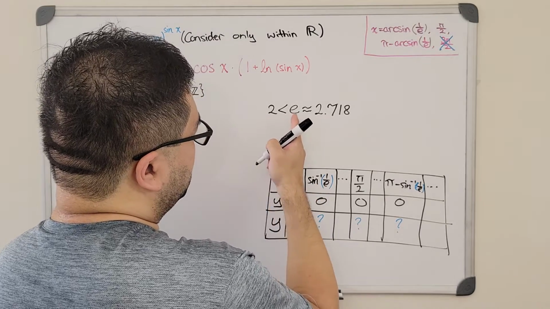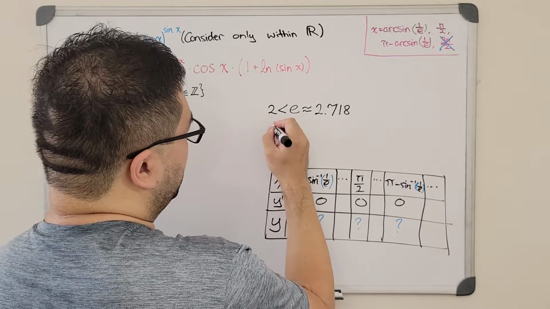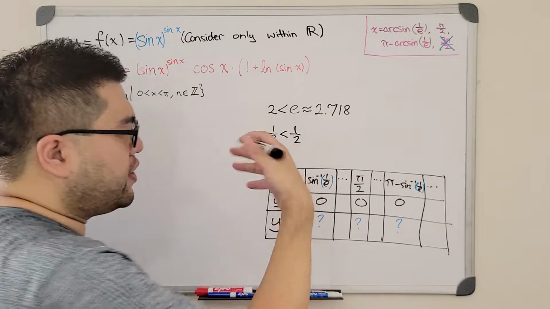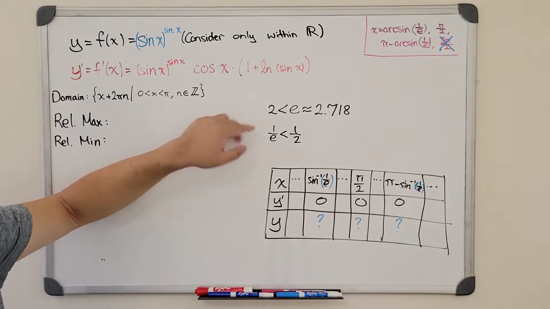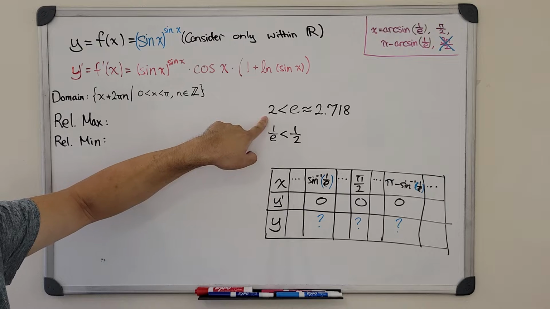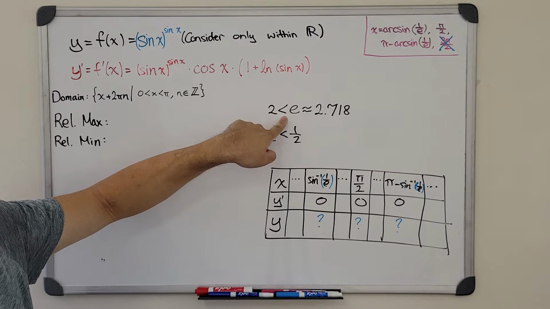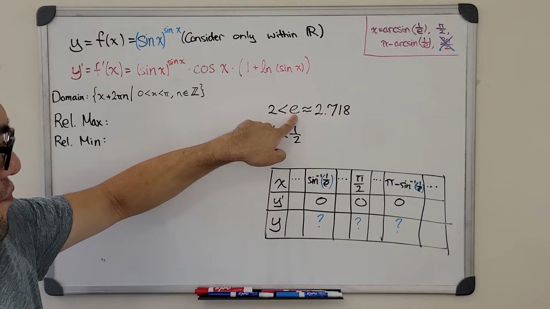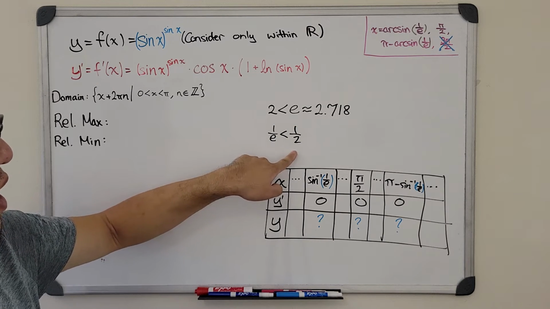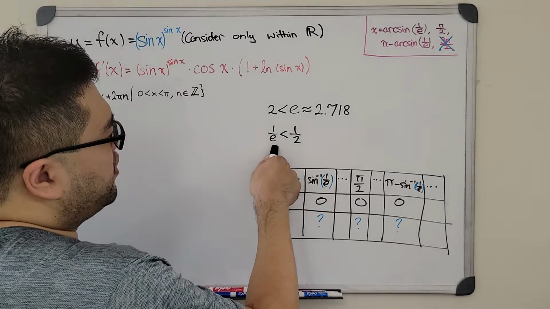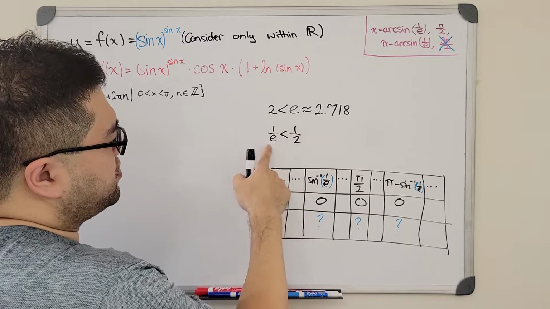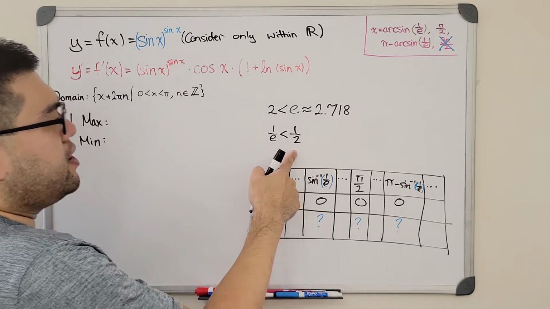If e is greater than 2, we have 1 over e will be less than 1 over 2. Or if we take the reciprocal of this, the reciprocal of 2 or 1 over 2 will be, now we need to flip the sign here, greater than the reciprocal of e, which is 1 over e, so that we get the relation 1 over e is less than 1 over 2. Of course, you can actually just divide both sides by 2e to get the same results here. Okay, but what does that mean?